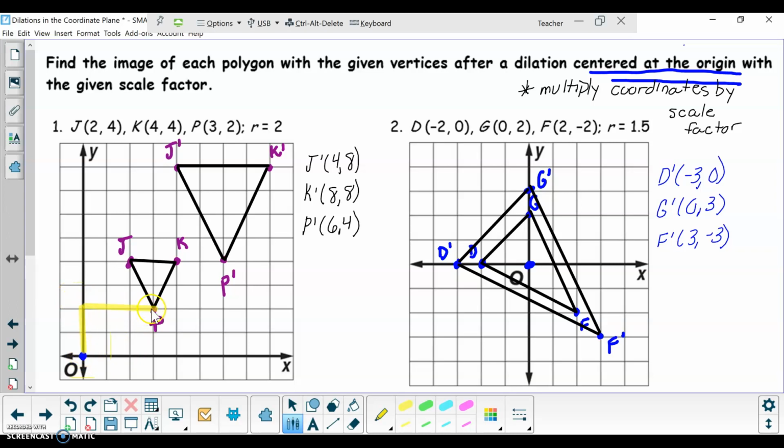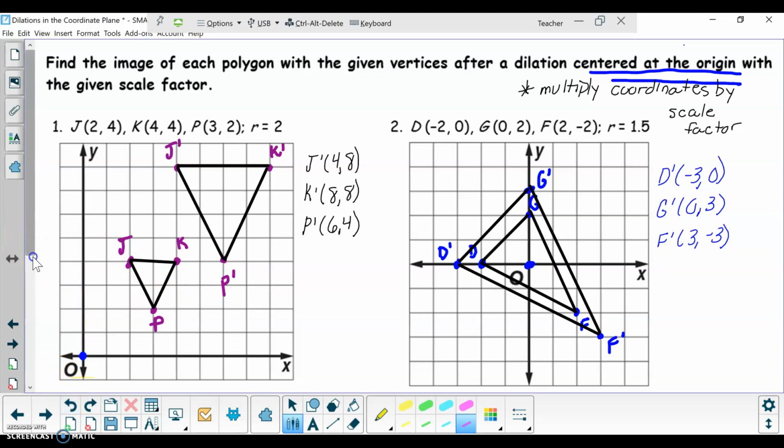So that's a scale factor of 1. So now to get a scale factor of 2, I'm going to double that. So I'm going up 4 to the right 6. Okay, so that's just kind of another way to think about this.